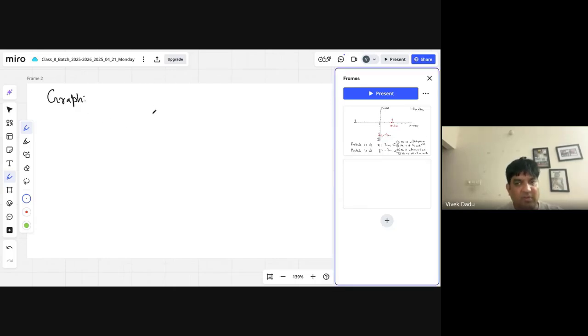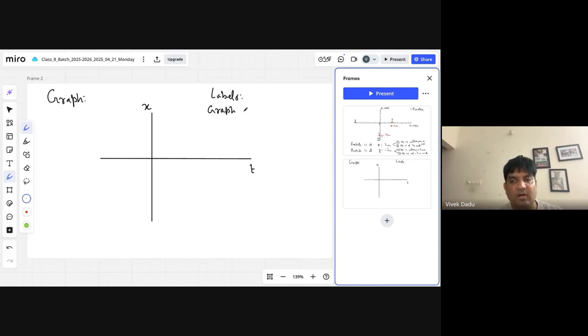First of all, without plotting anything, the first thing is understanding the labels. For example, this is X and T. What do you understand by labels? Labels tell you this is a graph of a particle moving along which axis?